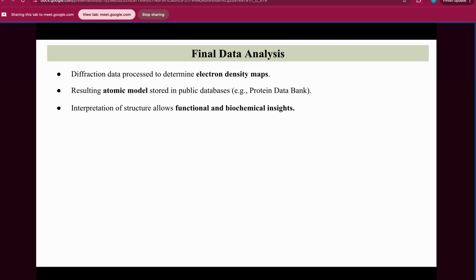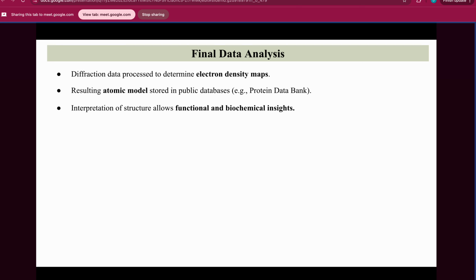And finally, in the data analysis, diffraction data is processed to determine the electron density map. The resulting atomic model is stored in the Protein Data Bank, which is the public database. So whenever the structure is resolved, it has to be uploaded so that others can also access it. And then we can perform later interpretations, such as on the basis of its functionality and its biochemical properties.